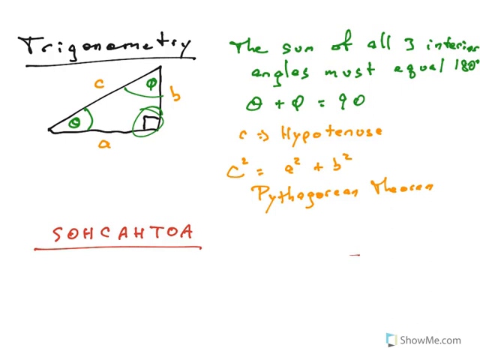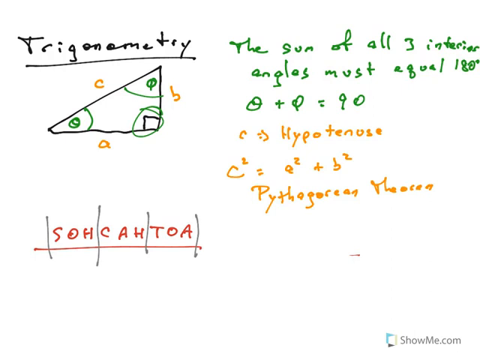If you don't know what it is, I'm going to tell you what it is right now. And if you do, then this is just a reminder. This is just kind of a mnemonic device to remember the relationships. And it's broken up into three pieces: the So piece, the Ka piece, and the Toa piece.